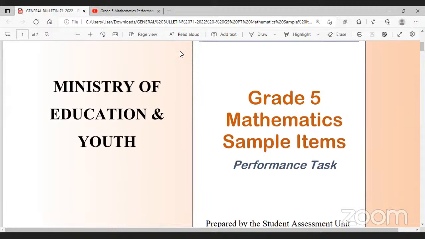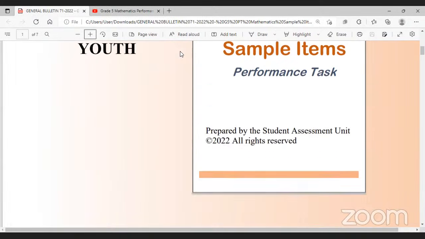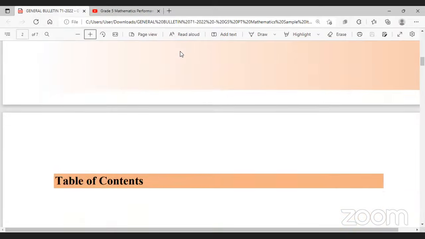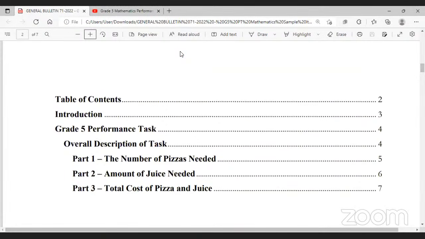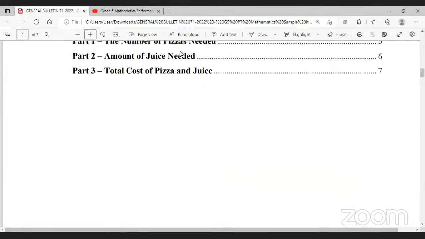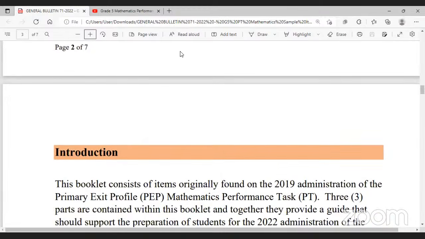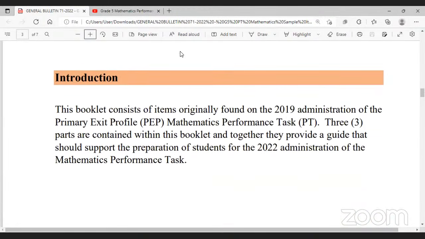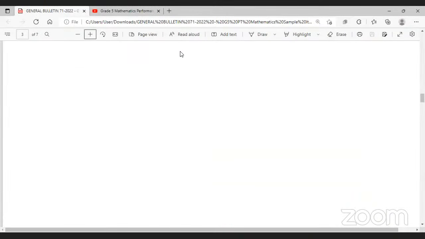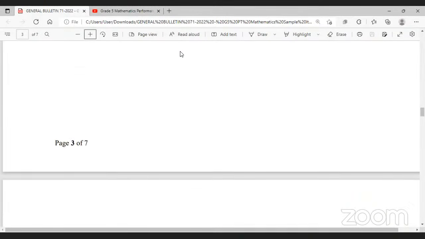So we're going to go to the questions of this paper. For each performance task, there's an introduction to the task, and that's what we're going to be reading. Firstly, there's also instructions as to what to do for each question.